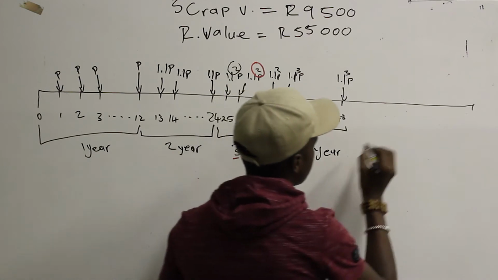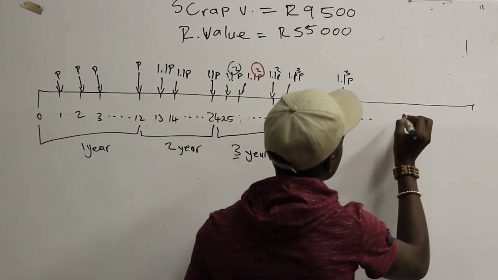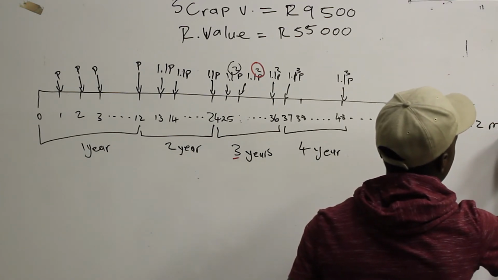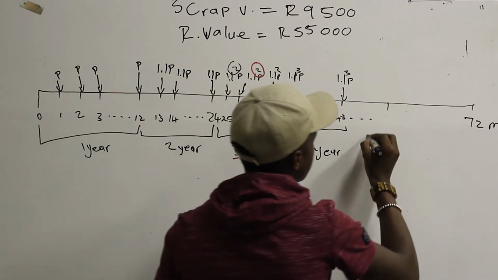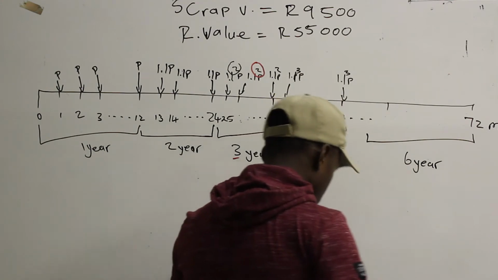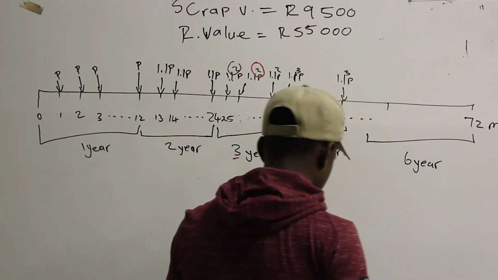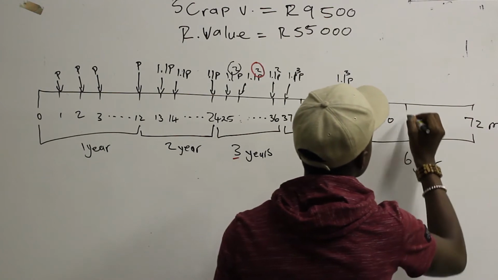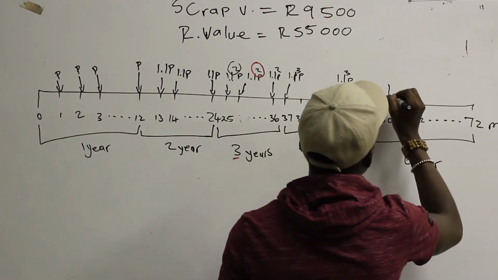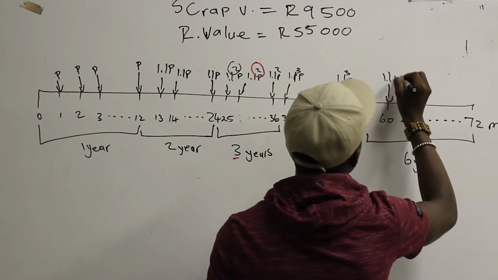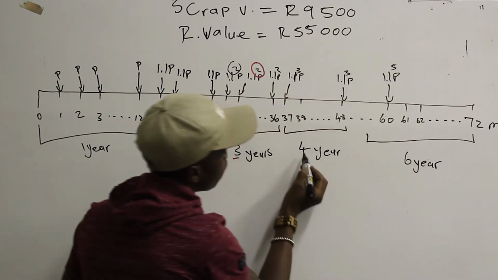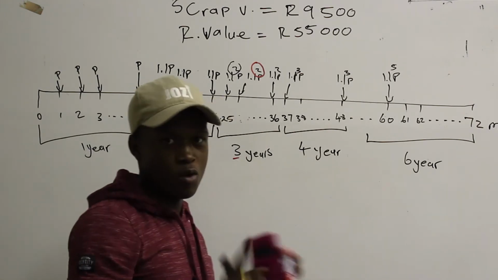But you know that this thing should be for 72 months, which is going to be the 6th year. 60, 61, 62. This is 6, right? So here should be 5 because 4, 3. So it should just be 1 difference there.